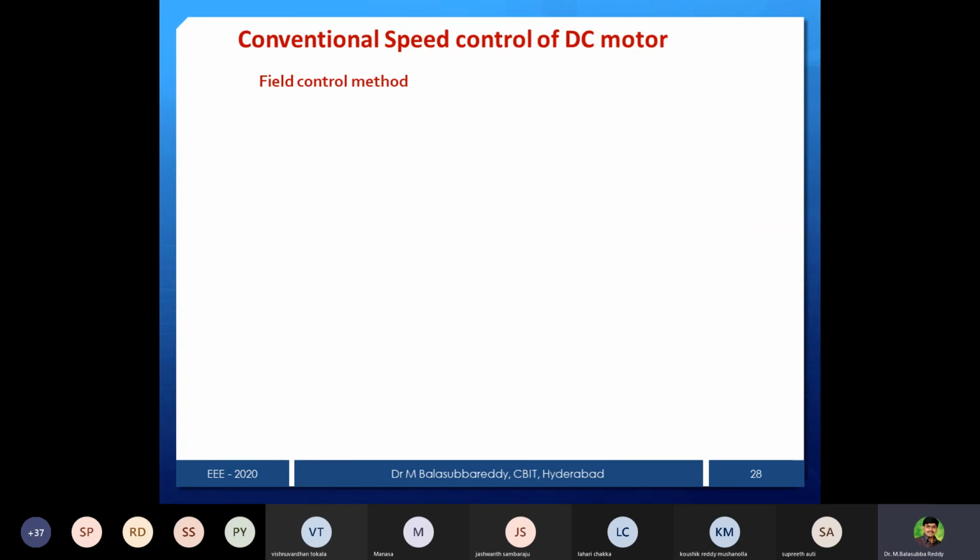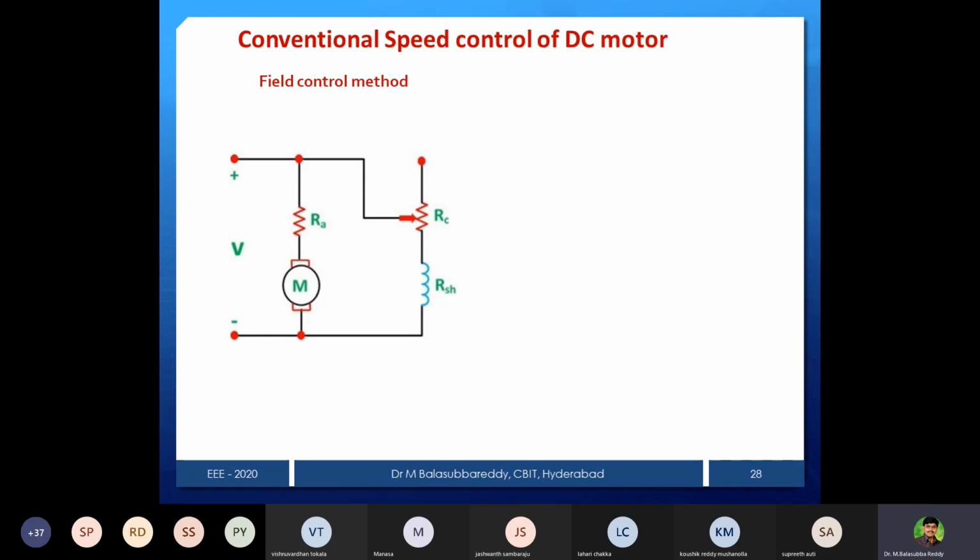We keep the armature voltage constant, and the field current passing through the field winding is varied by using the resistance. Then flux will decrease, and speed is inversely proportional to flux. So this is the formula.